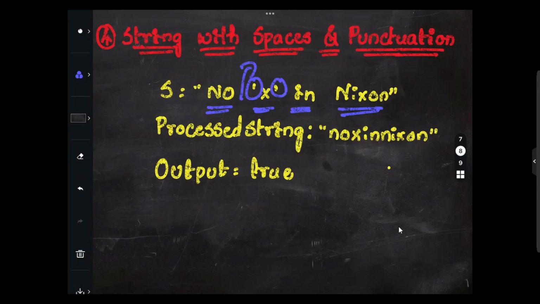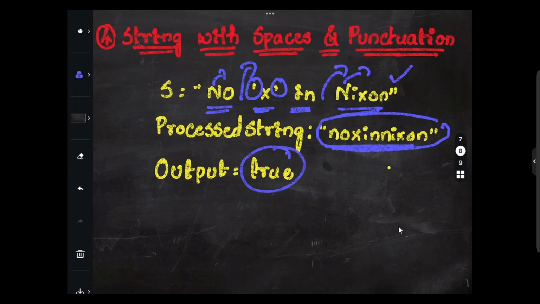We also need to remove the spaces and convert the uppercase letters to lowercase. After processing, the processed string is "noxinnixon". If you read this from the backward, "noxinnixon", it is the same as the original one. So it is said to be true in this case.